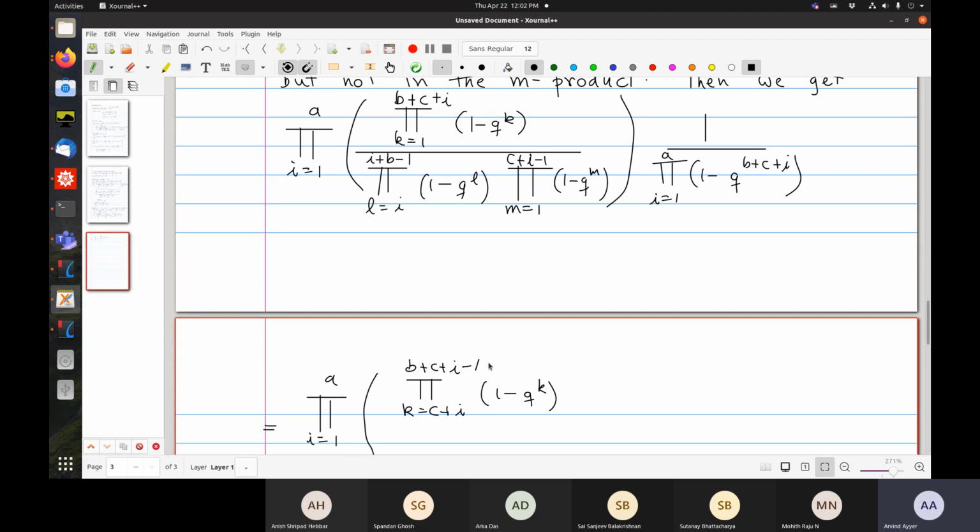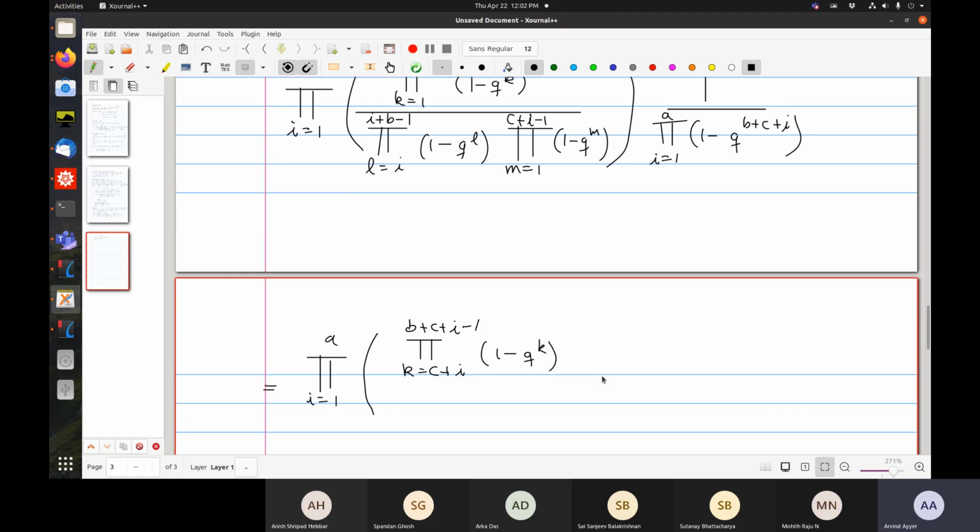So I'll cancel, this goes from C plus I to B plus C plus I minus 1, and the L term remains as is. L equals I to I plus B minus 1, 1 minus Q bar. Okay, so now it's a nice compact form, and now I can expand it.